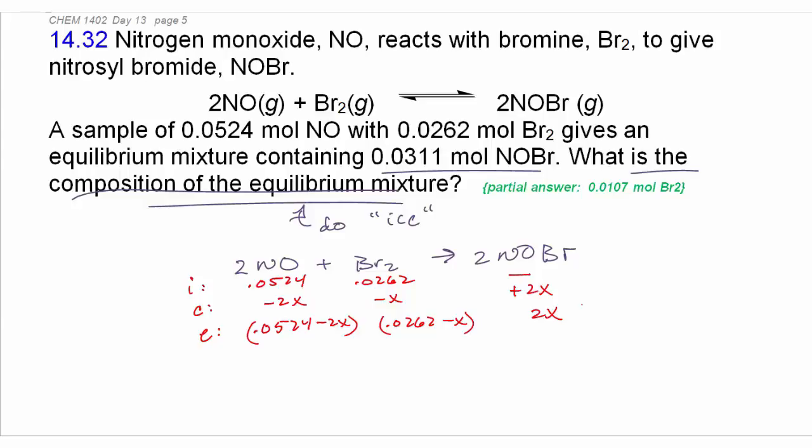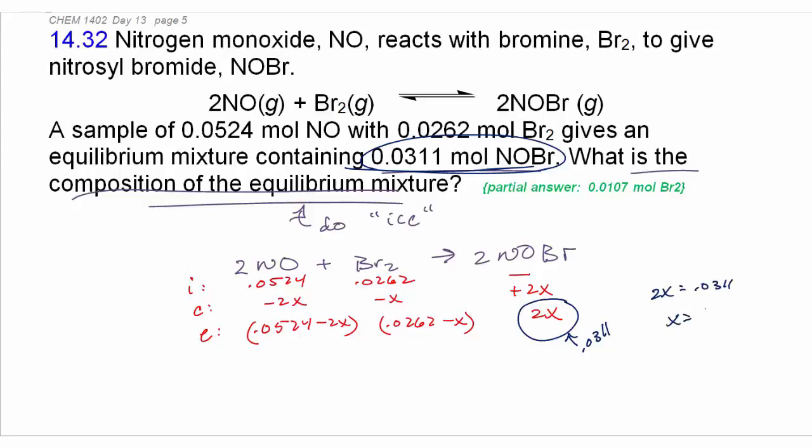So hopefully your table will look something like that. Now they had to give us some information so we can figure out what X is. Equilibrium mixture contains 0.0311 NOBr. So this has to be 0.0311. So 2X is 0.0311.